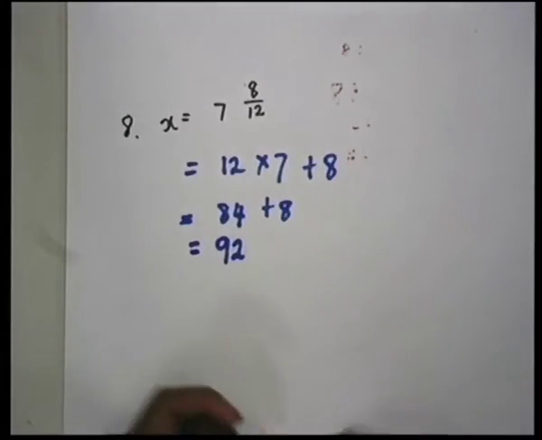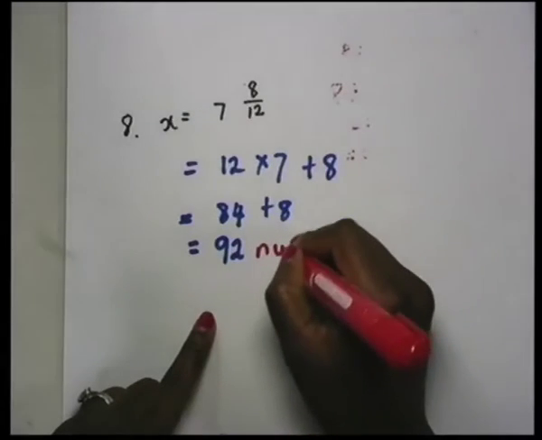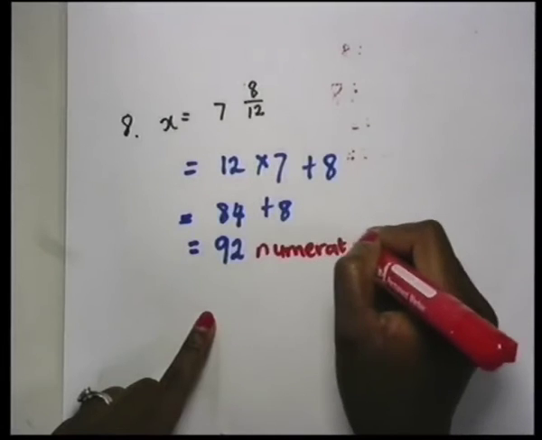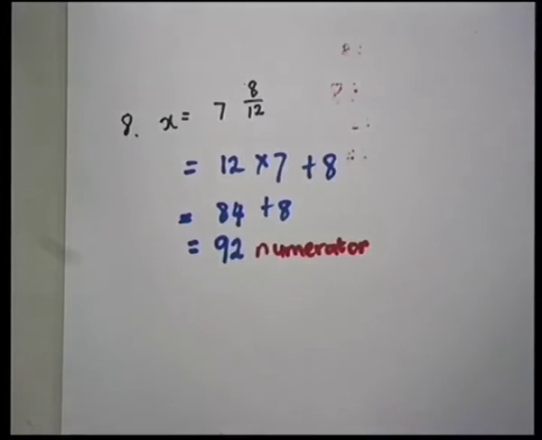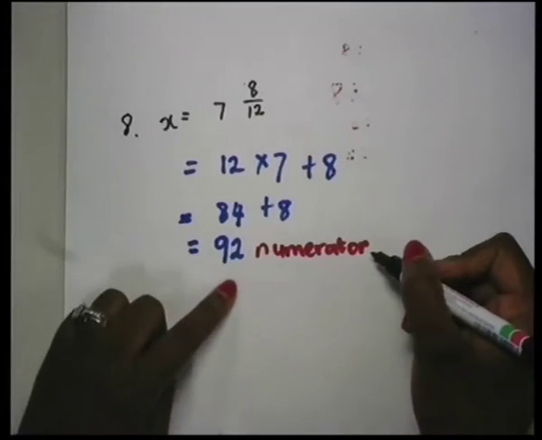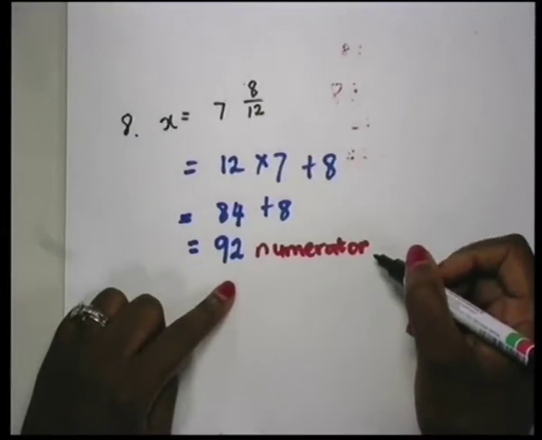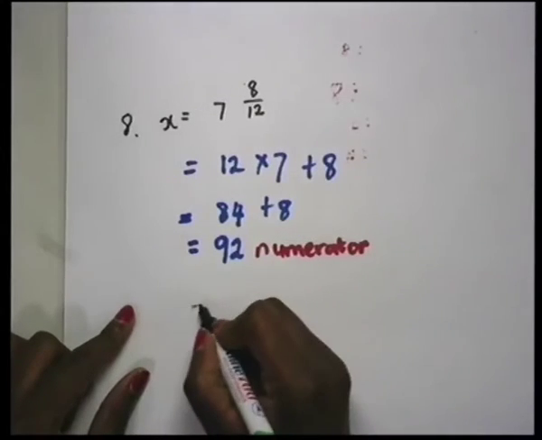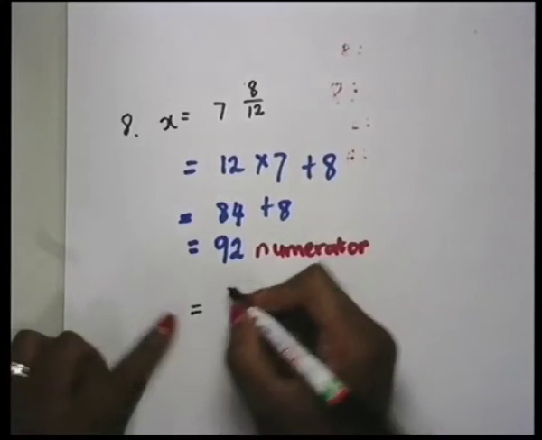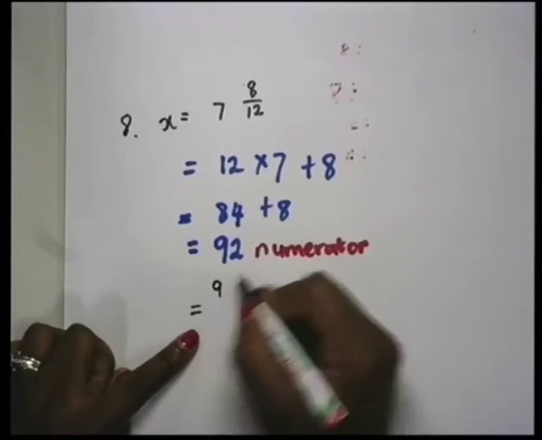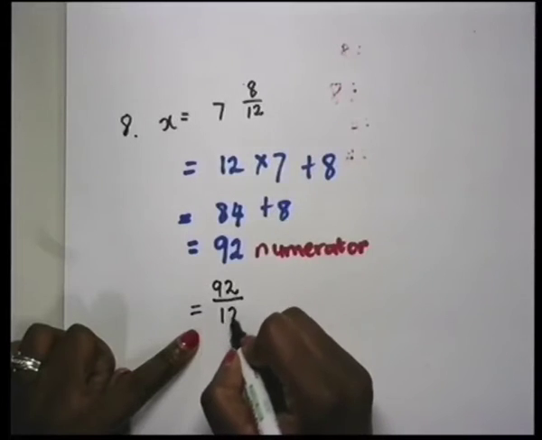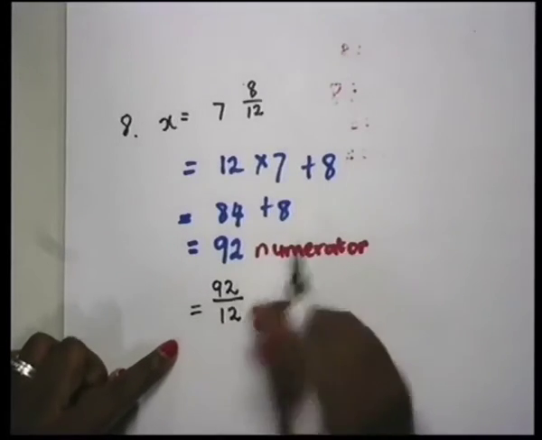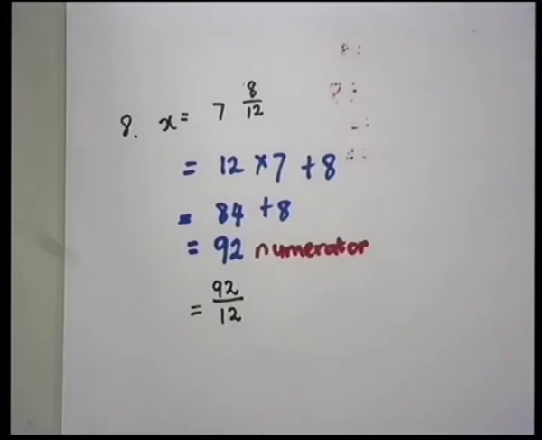So in this case, we know that 92 is the numerator. If we have the numerator now, and we know already what the denominator is, we can complete our answer. So we say 92 over 12, and this is our improper fraction.